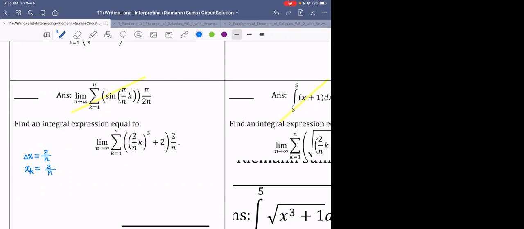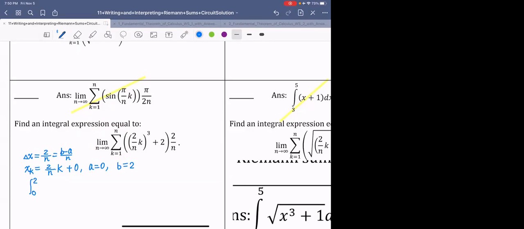Okay. So a is 0. Now b equals how much? b is 2. Good. So this whole thing can be replaced by an integral. Upper limit is who? 2.